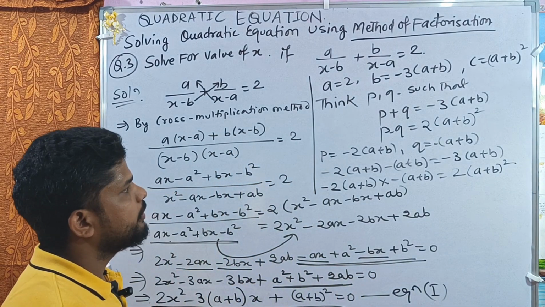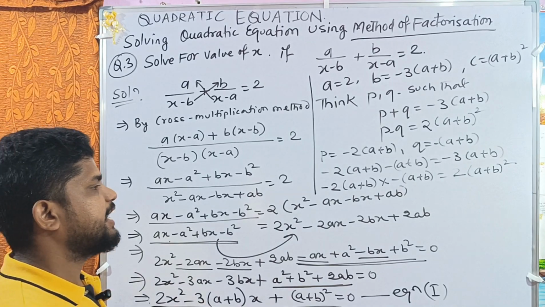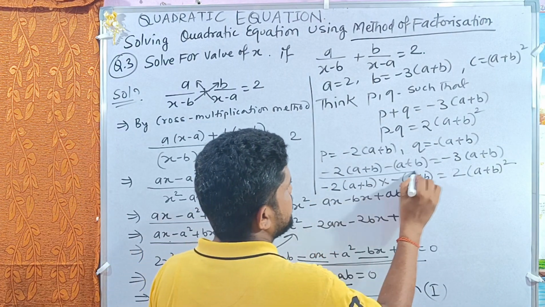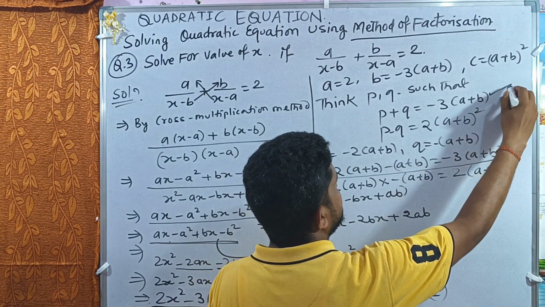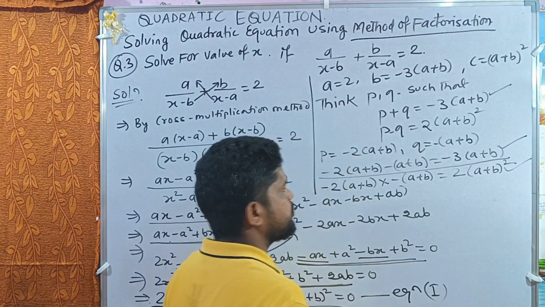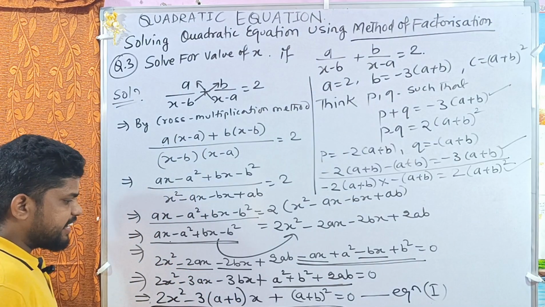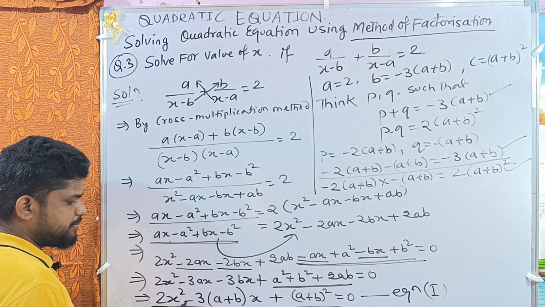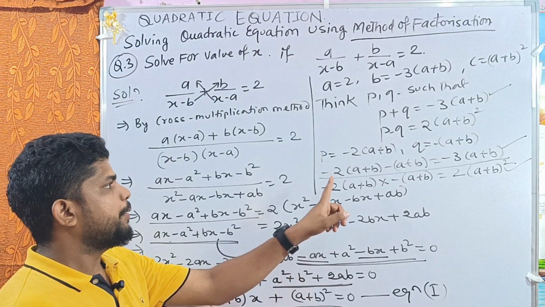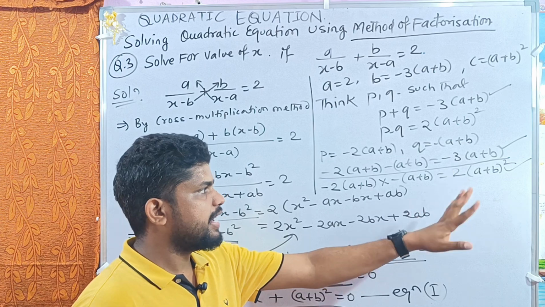So for p equals minus 2(a plus b) and q equals minus (a plus b), their sum is minus 3(a plus b), which is satisfied, and their product is twice of (a plus b) whole square, which is also satisfied. So for this equation number 1, I can rewrite the middle term, minus 3(a plus b)x, as a sum of minus 2(a plus b)x plus minus (a plus b)x.